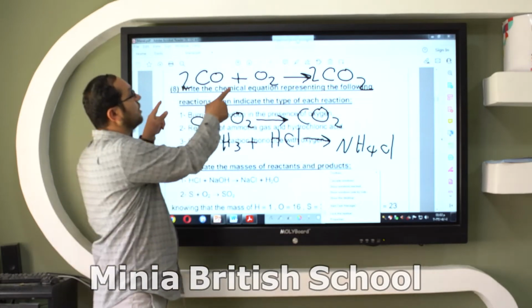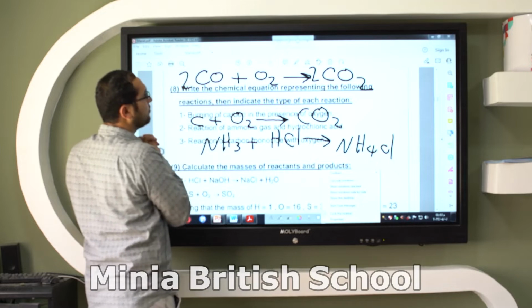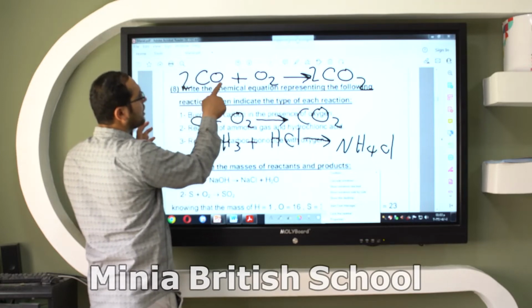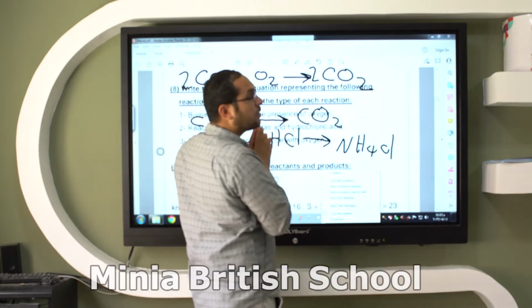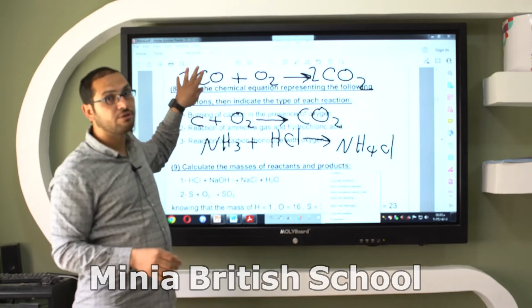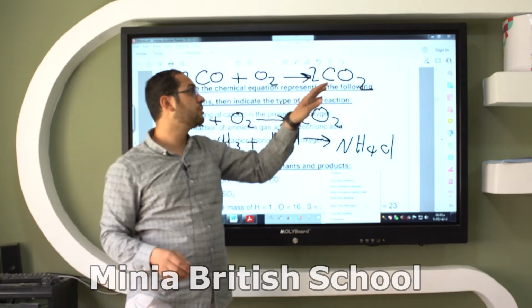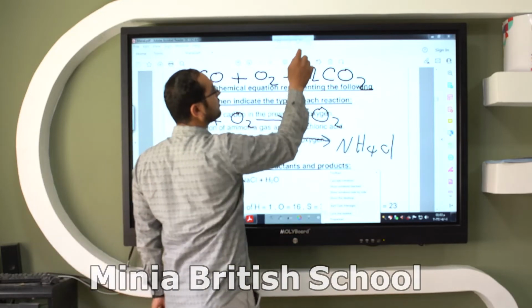Here in the reactants we have 4 oxygen, 2 oxygen plus 2 oxygen, 4. And here 2 times 2 equals 4. So we have 4 oxygen atoms in the reactants, and we have 4 oxygen atoms in the products. Okay, is it clear?